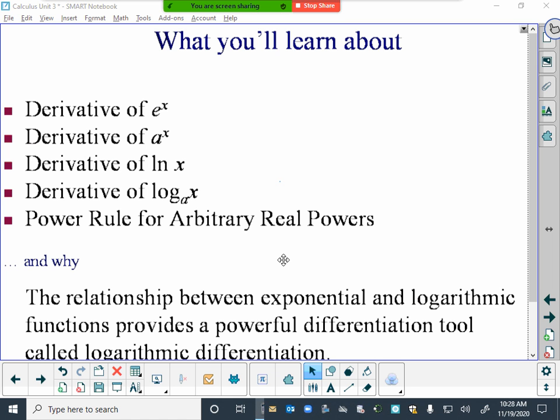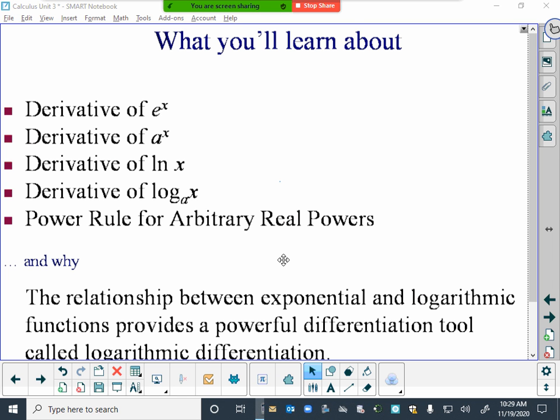All right, so rounding out the things that we need to know how to do the derivatives of: e to the x, and in general any exponential function with any base, and the logarithms, natural log and log of any particular base.